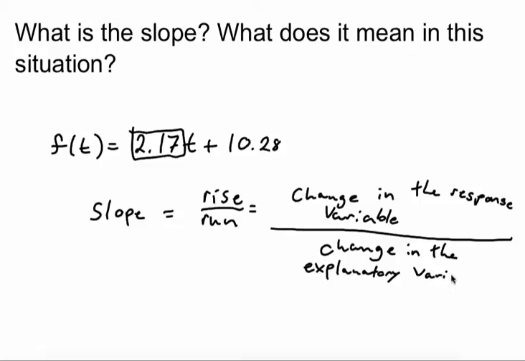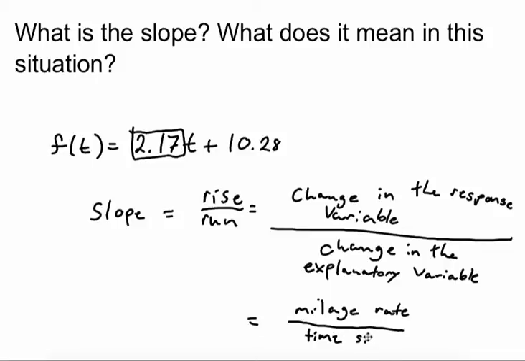If you look at the table, the response variable is the mileage rate, and the explanatory variable is time, years since 1990.